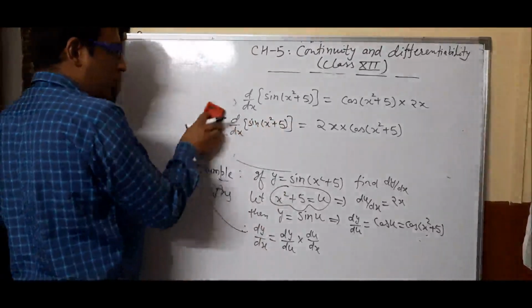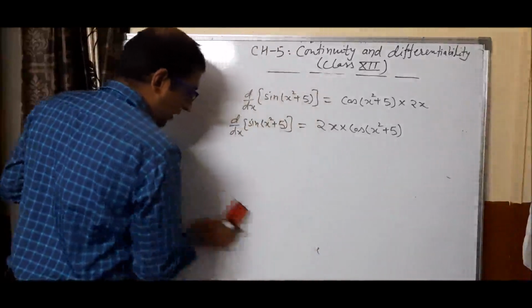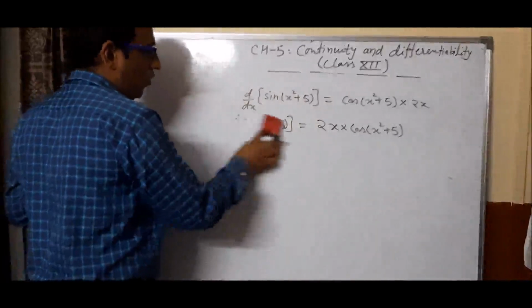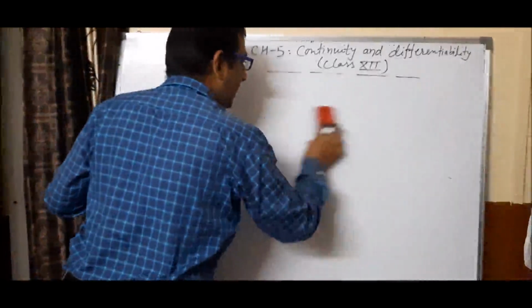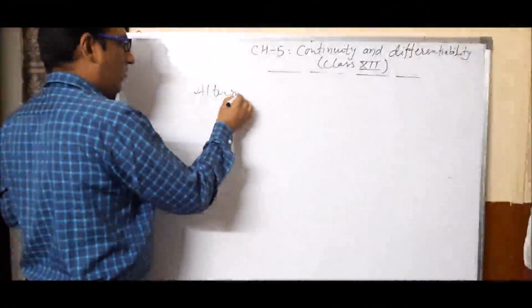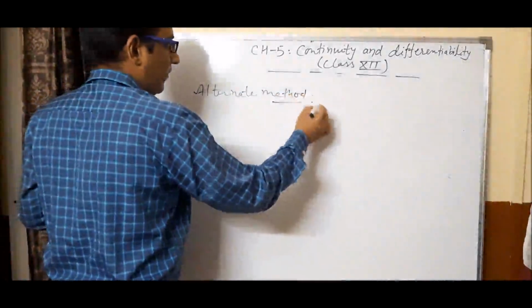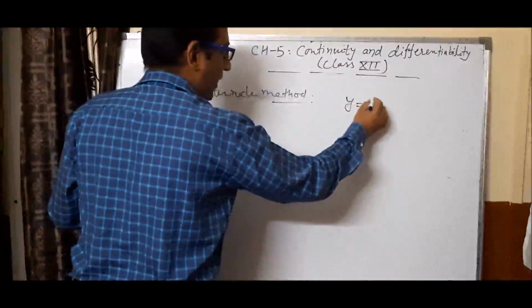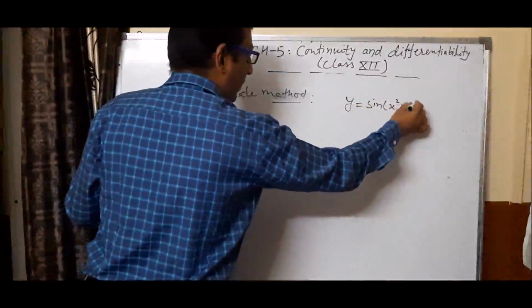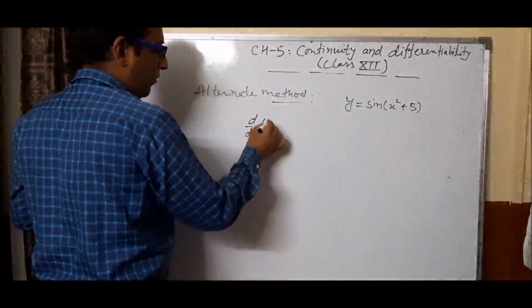And one alternate method is also there. If we do not want to go with the chain rule, then how can we solve the same question by another method? So what is the alternate method? We are taking the same question, y equals sine of x square plus 5. So how will we do the differentiation with the help of the alternate method?